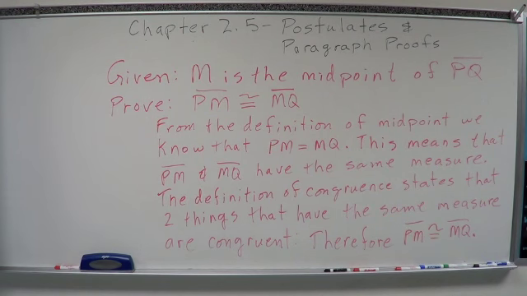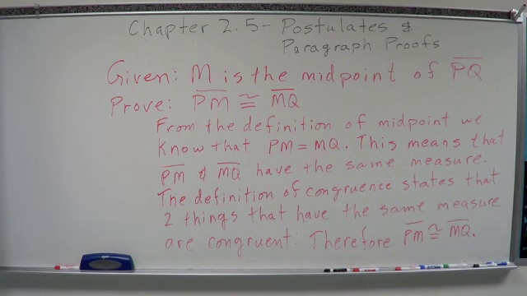Read it. See step by step. Each one of the sentences is required for us to prove that a midpoint creates congruent segments. Given M is the midpoint of segment PQ, prove that segment PM is congruent to segment MQ. From the definition of midpoint, we know that the measure of segment PM equals the measure of segment MQ.